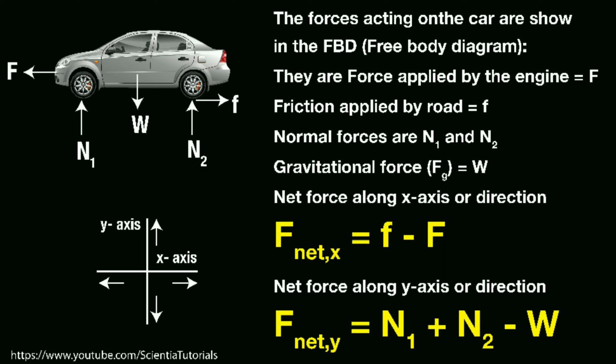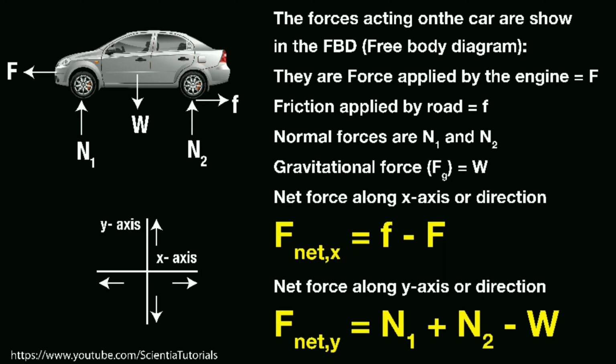So the right side force, small f, is taken as positive, and the capital F, which acts on the left side of the car, is taken as negative. So small f minus capital F is the net force along the x-axis, the horizontal direction.